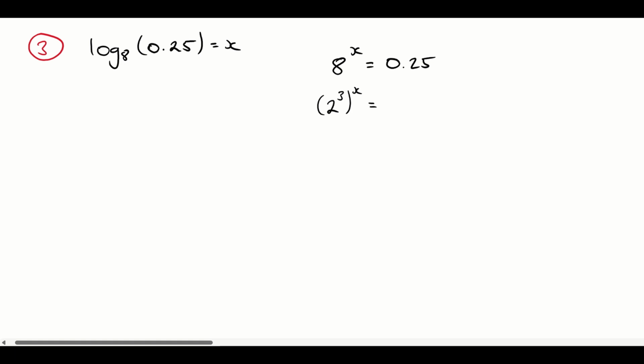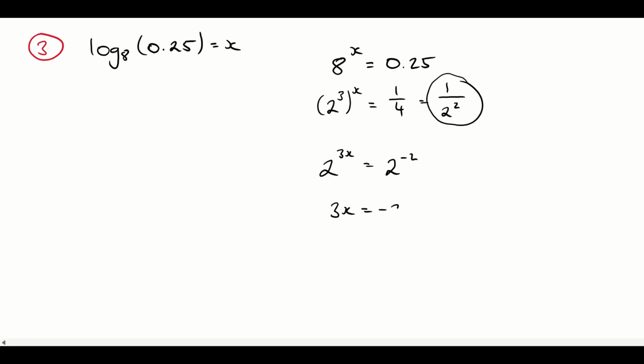And my 0.25 is just a quarter, which is just 1 over 2 squared. So now I've got similar bases happening here. So I've got 2 to the power of 3x, and instead of 1 over 2 squared, let's write that as 2 to the minus 2. So now comparing my indexes, 3x needs to be minus 2, so x would be negative 2/3. So the answer to this log to the base 8 of 0.25 would just be negative 2 over 3.